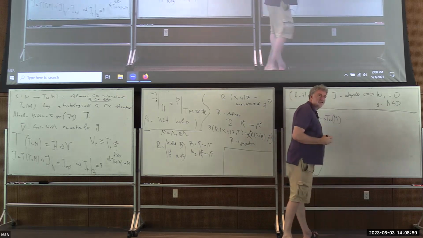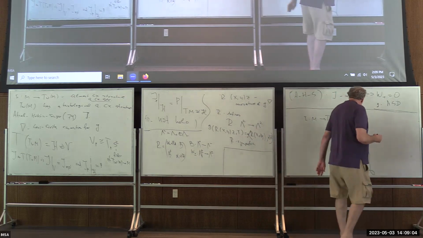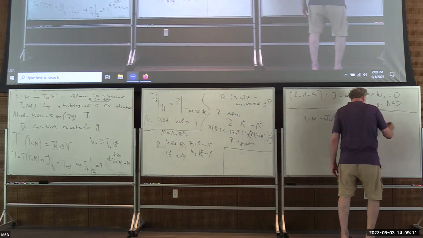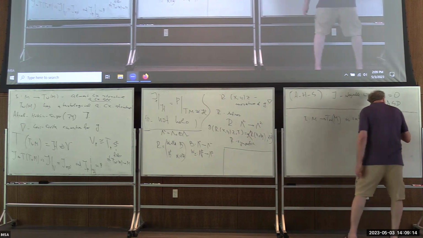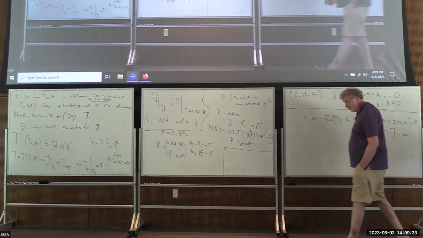Now, this is an almost complex structure. This almost complex structure, considered in this geometric way, is integrable if and only if this image here is complex, or invariant under this. This is on one side.